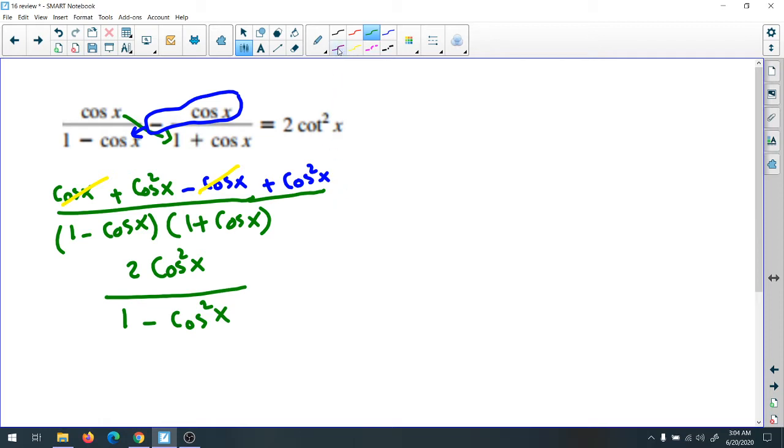And as we know from before, 1 minus cosine squared is sine squared. So this will be sine squared of x.